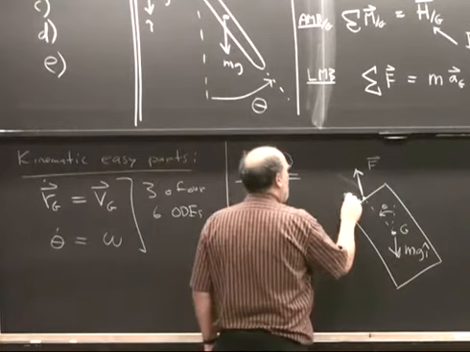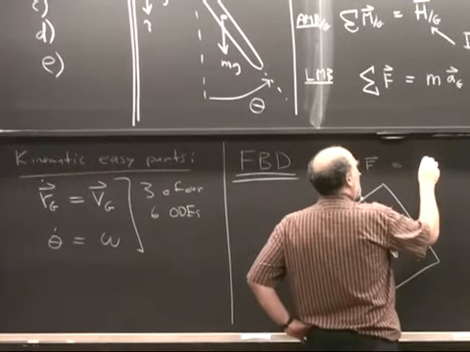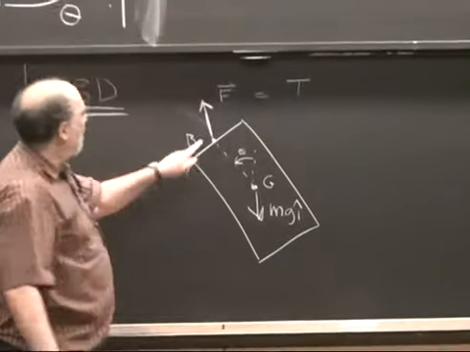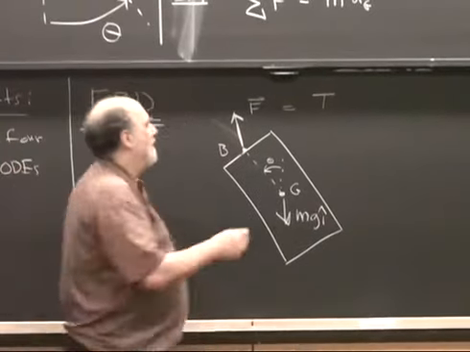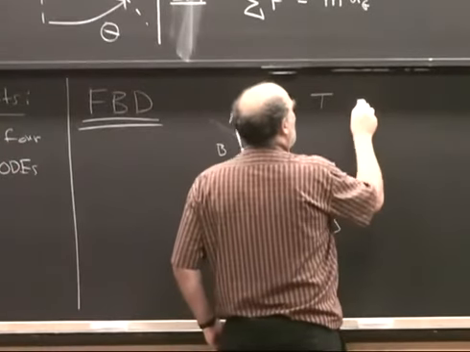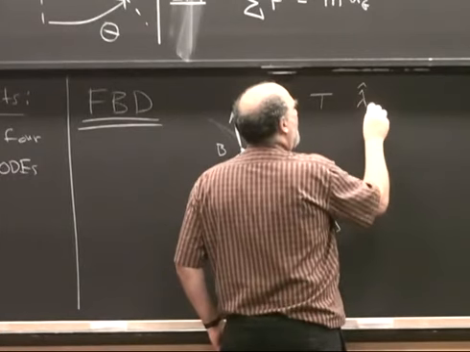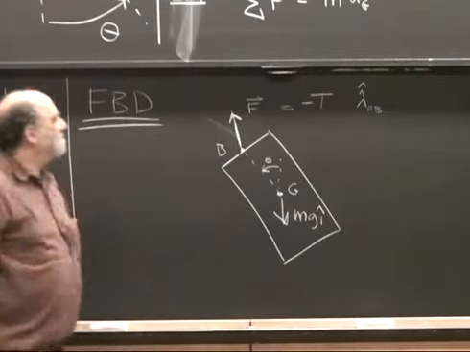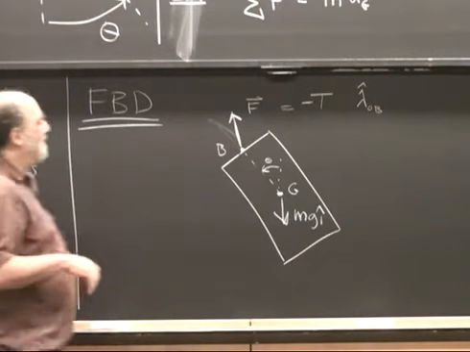Well, here we have this point B. And what is the force F? It's a force which is the tension in the spring times a unit vector from B to O. So it's a tension vector times a unit vector from B to O, and that's the negative of the unit vector from O to B. Now we have to do some geometry to figure out what that is.